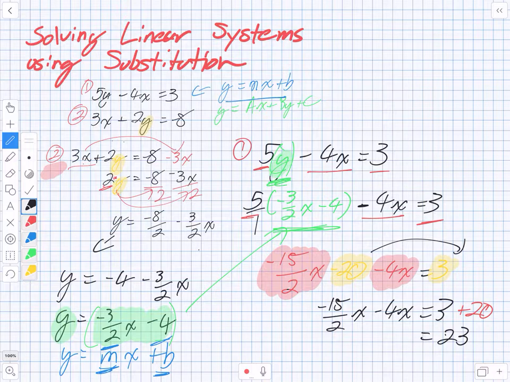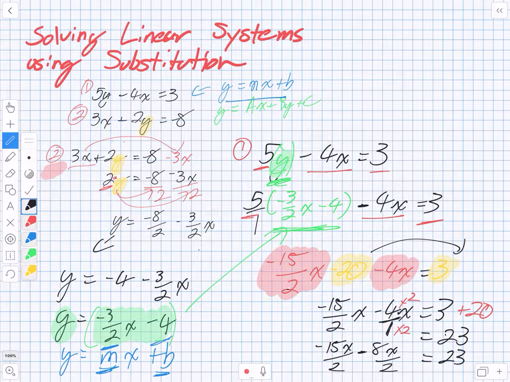This is a little harder. When you add or subtract fractions, they have to have the same denominator. So right now the denominator is 1, so I'm going to have to multiply both the top and bottom value by 2, so we get a denominator of 2. So I'm going to get negative 15x over 2 minus 8x over 2 is equal to 23.